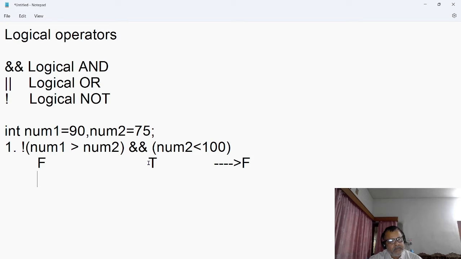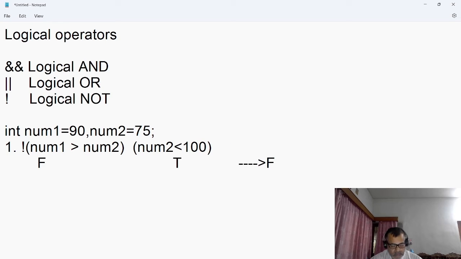Okay, but one second, I want to organize it again. Here it is true. But now I want to change this symbol to the symbol OR.